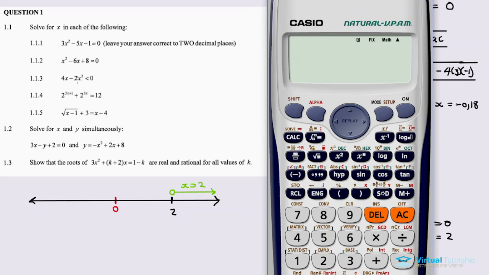So we go to our expression, which is 4 open bracket 3, substituting 3: 4 times 3 minus 2 times 3 squared, and our answer is negative 6.